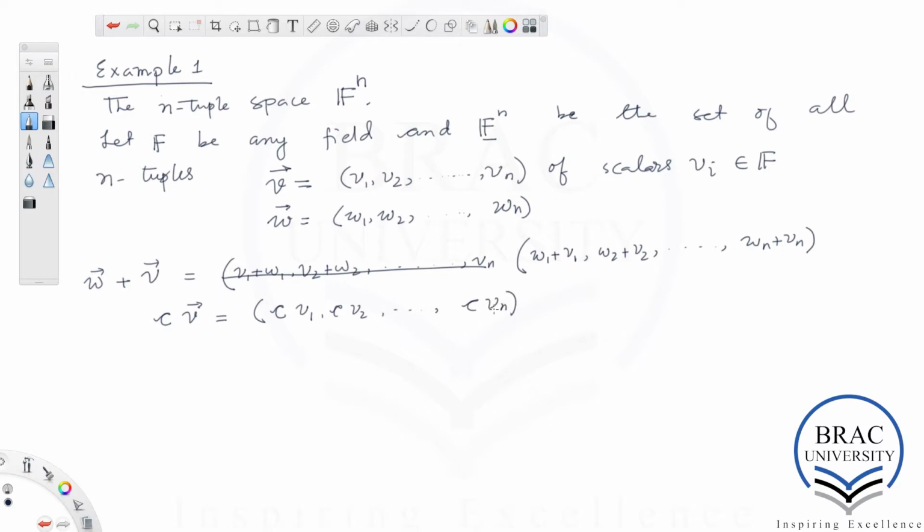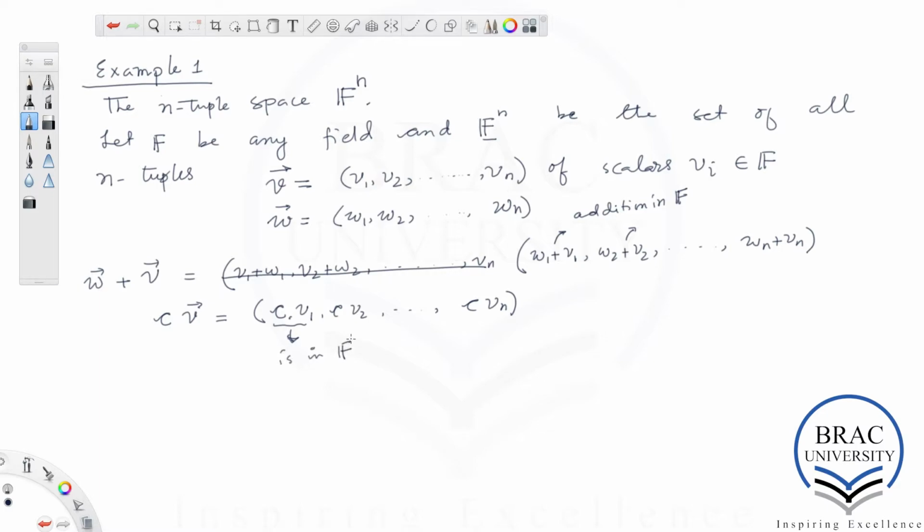Okay, important thing to note here is that these additions are addition in the field F, and this multiplication is in F as well.